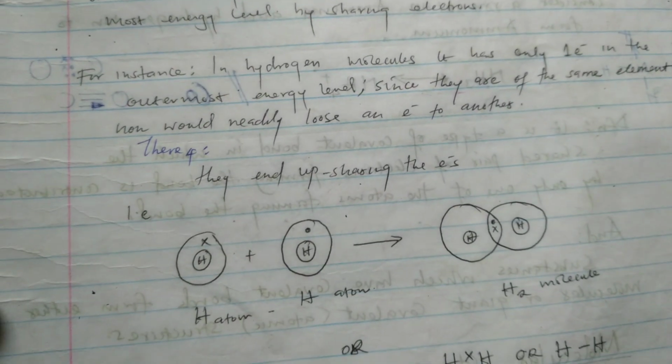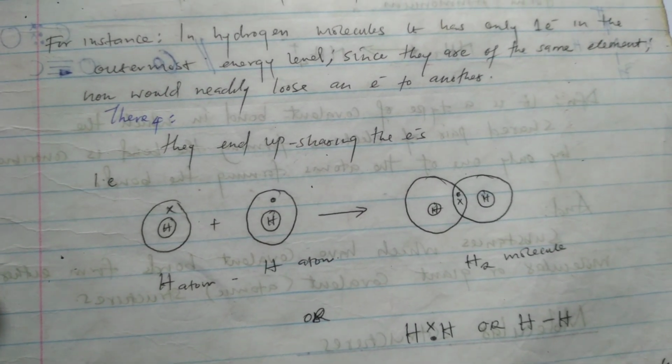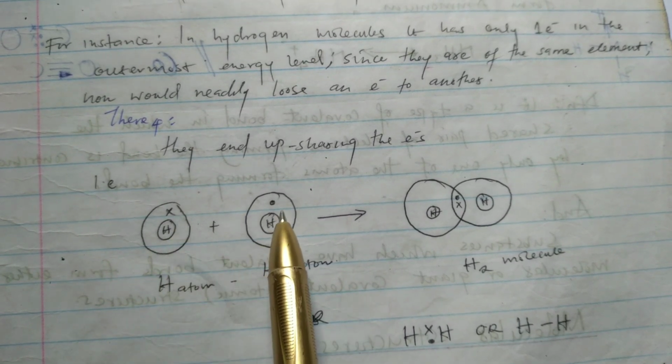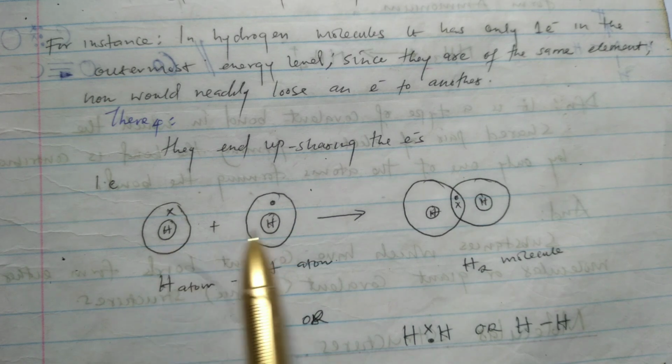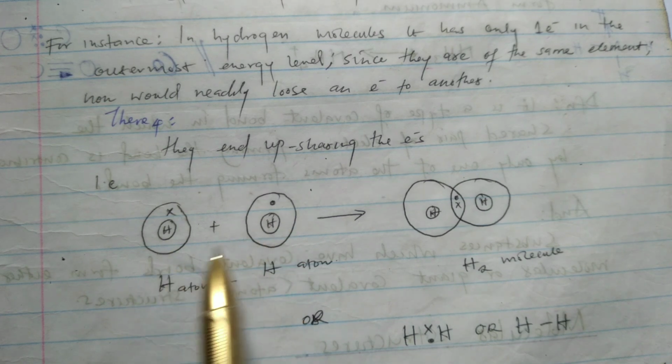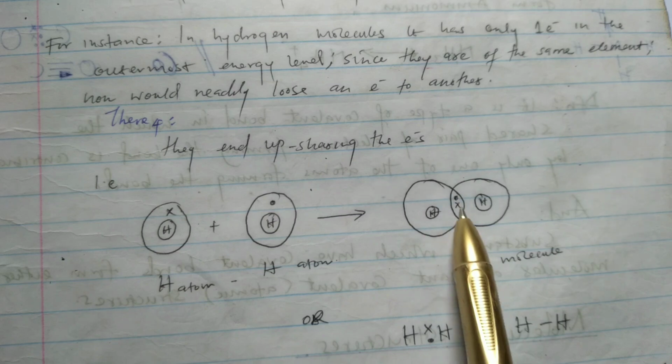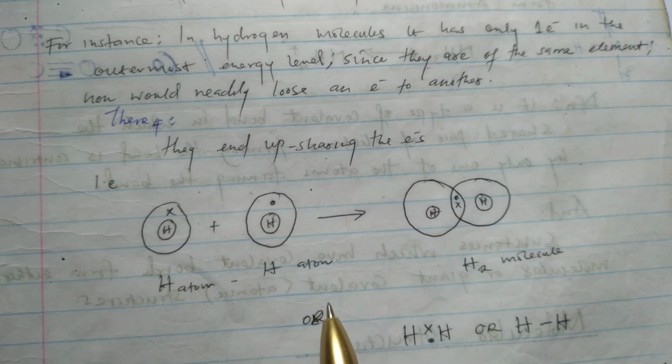As you look at this diagram, you see that hydrogen has one electron and the other hydrogen also has one electron. For it to be complete, because it is the first energy level, they have to share the electrons to complete that energy level.